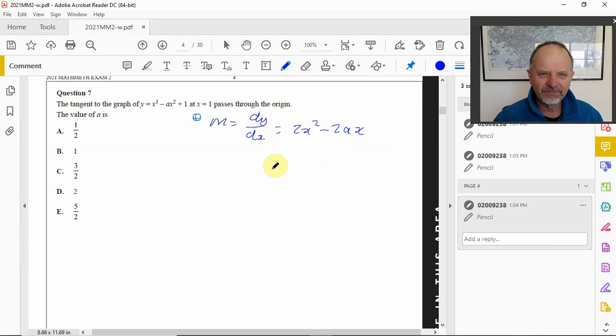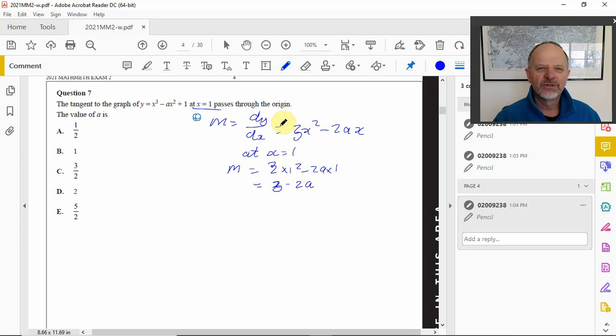At x equals 1, the gradient of that graph would be 3 times 1 squared minus 2a times 1, which is 3 minus 2a. Sorry, 3x squared, not 2x squared, from that first term. Sorry about that. All right, so here's our gradient.